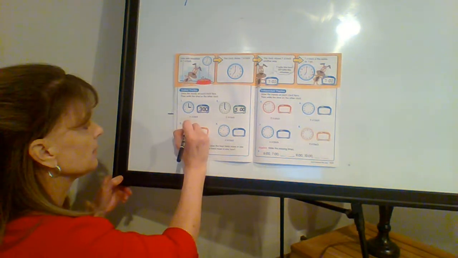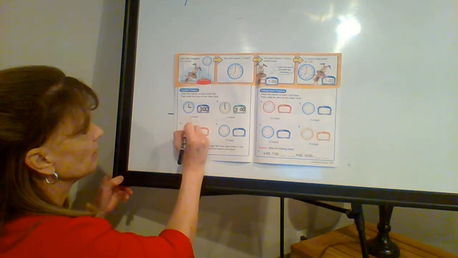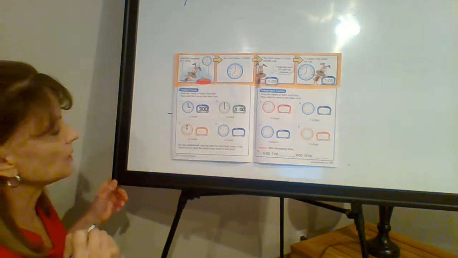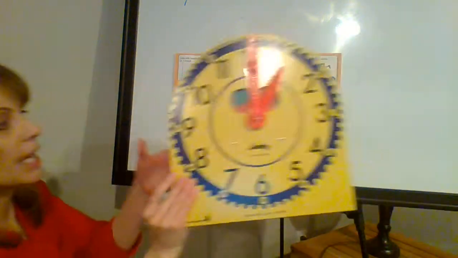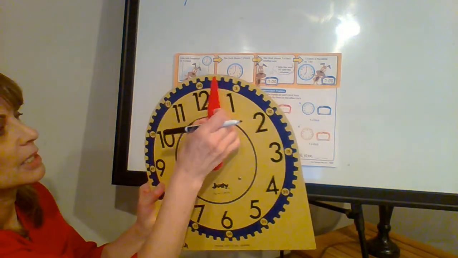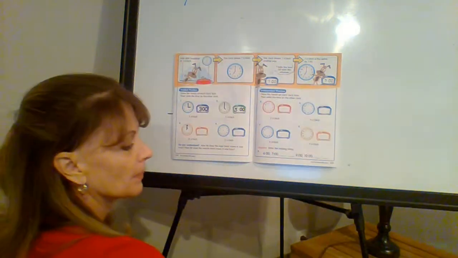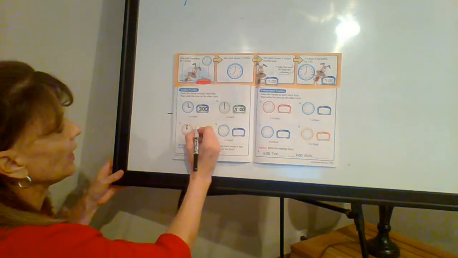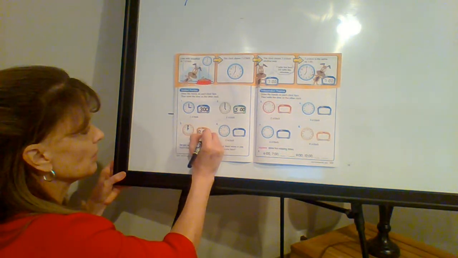Well, this one, if I'm going to show the arrows, I can just do some part way up. 12 o'clock always looks kind of funny. If you notice, in mine, 12 o'clock, you only see one hand. And then 12, 0, 0.